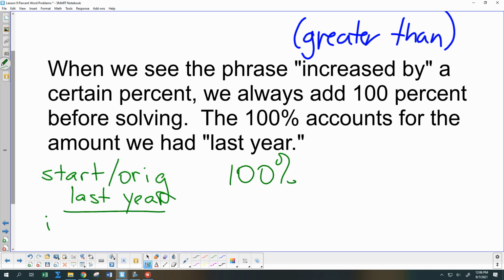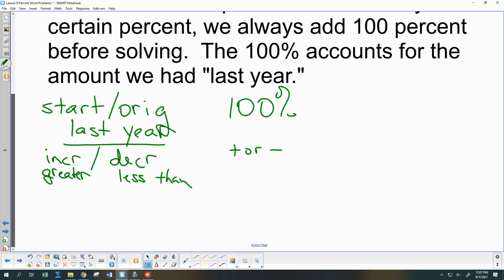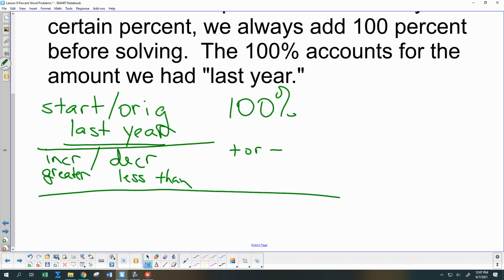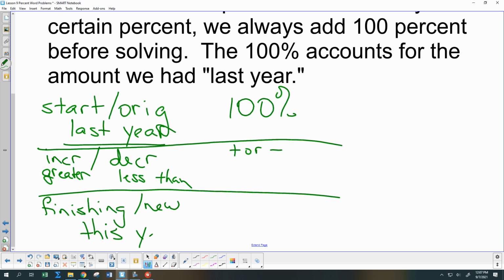Then we are going to have an increase or a decrease, or it was greater than, or it was less than. So we are going to add or subtract some percent. And then we will get our finishing amount, our end amount, our new amount, sometimes our this year amount.